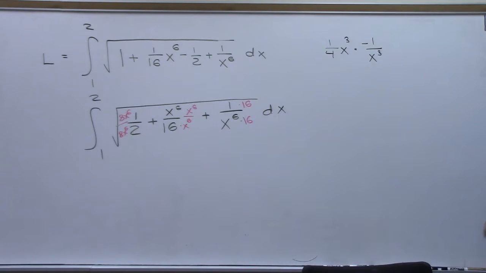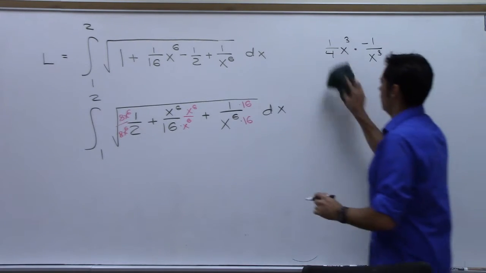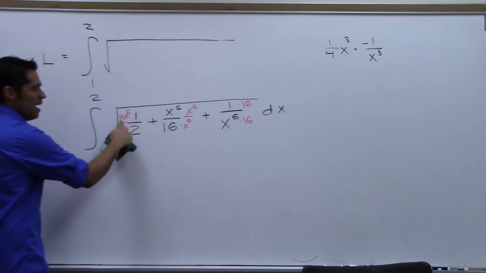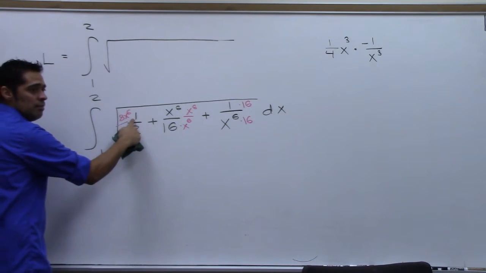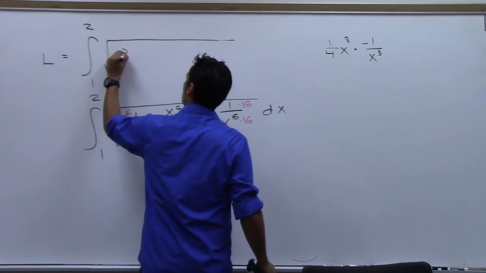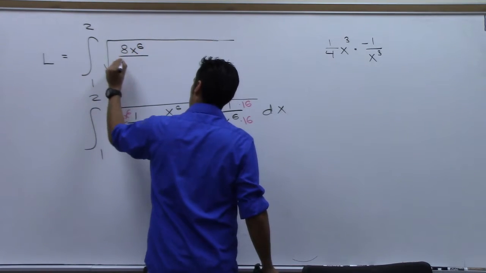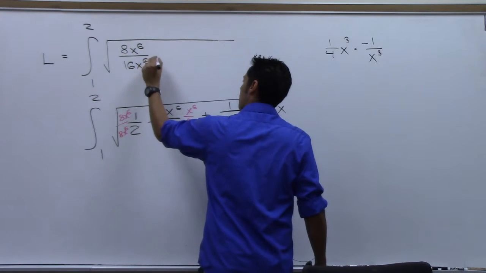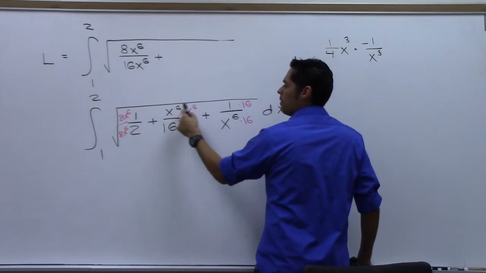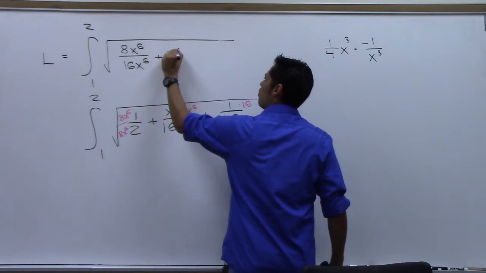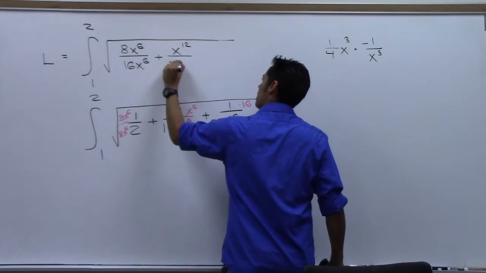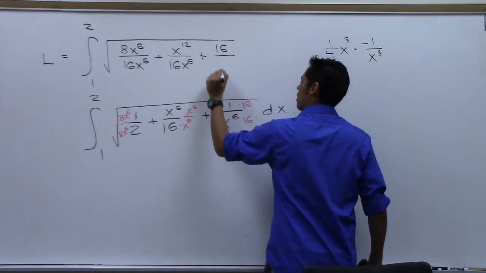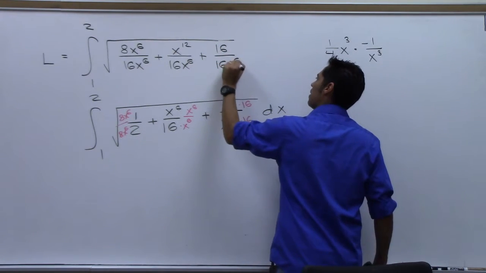Let's rewrite it. Something good is about to happen. All right, so this is x to the 6th times 1, which is 8x to the 6th, over my common denominator, which was 16x to the 6th, plus this one is what? x to the 12th over 16x to the 6th. And then the last one is 16 over 16x to the 6th, dx.